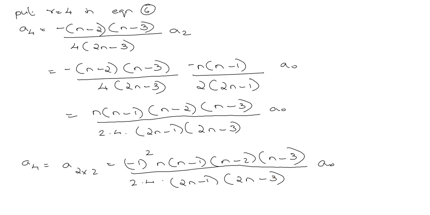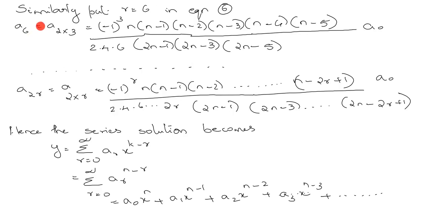So looking at the equations for A2 and A4, you can easily write what is A6, is it not? A6 is equal to A2 into 3, which is equal to minus 1 raised to 3, N into N minus 1 into N minus 2 into N minus 3 into N minus 4 into N minus 5 divided by 2 into 4 into 6 into 2N minus 1 into 2N minus 3 into 2N minus 5 into A0.